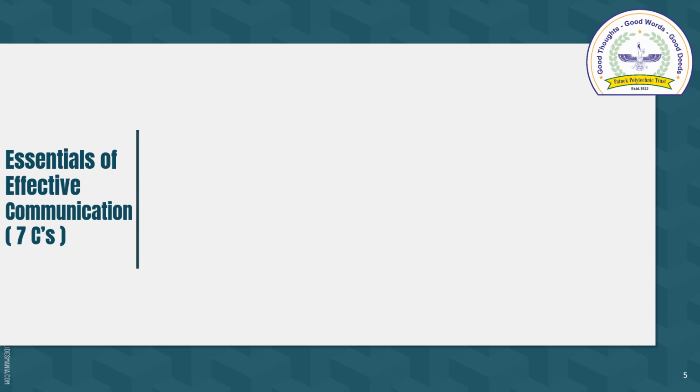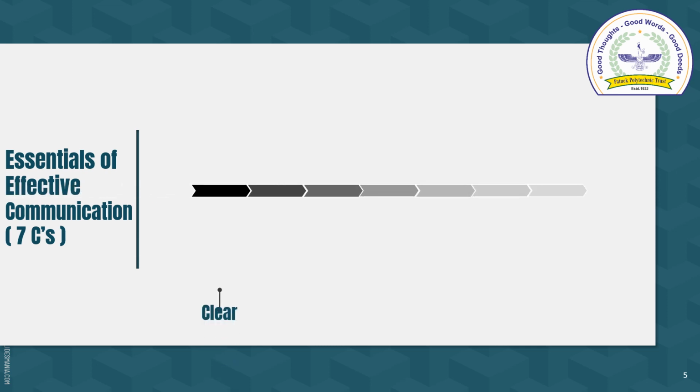So the question is, what are those factors? As all those points start with C, they are called the 7 C's of effective communication. Of that, the first one we have is clear, or some people also call it clarity.